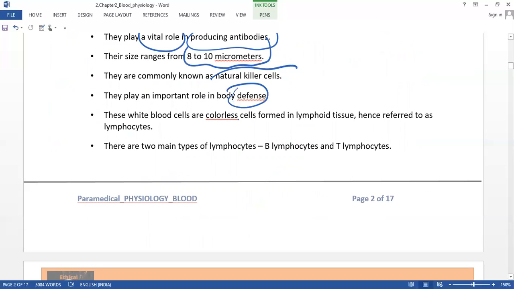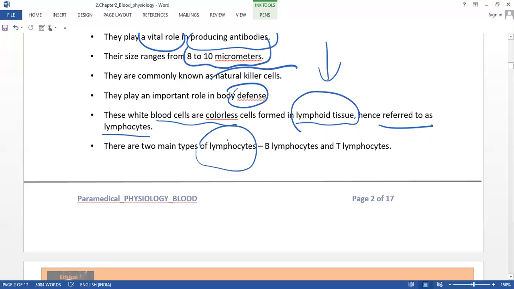These white blood cells are colorless cells, we know this, and they are formed in the lymphoid tissue, which is why they are called lymphocytes. There are two main types of lymphocytes, that is B lymphocytes and T lymphocytes.